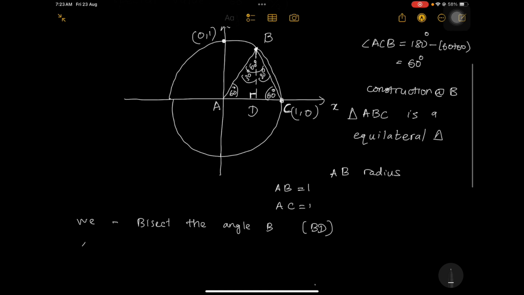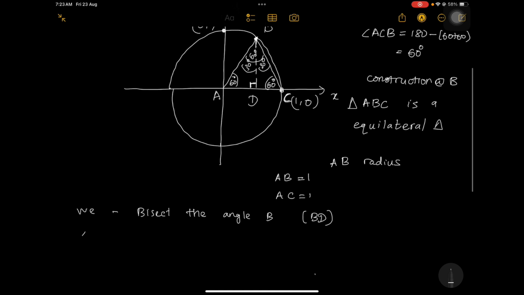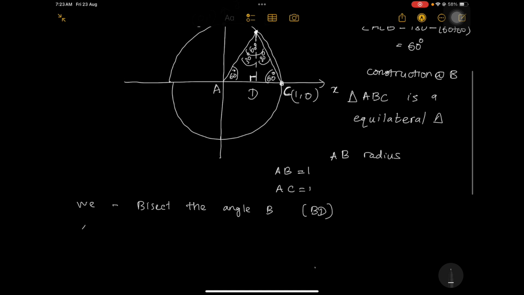So let's make AD as x. AD is x, so DC is also x, right?